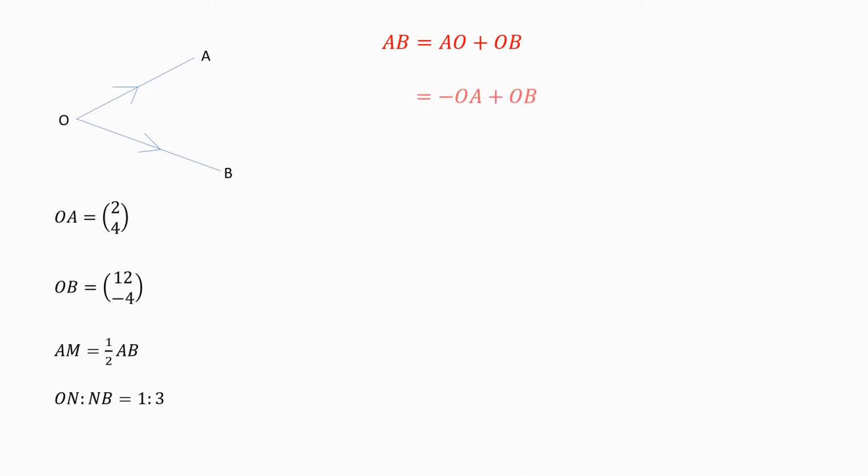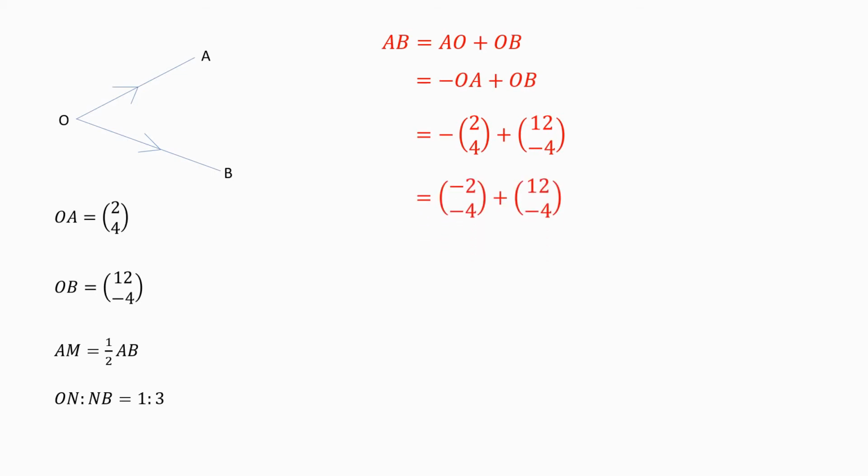Therefore, AB can also be said to be negative OA plus OB. Then negative OA is negative 2, negative 4 plus OB is 12, negative 4. We sum the two, we have negative 2 plus 12 and negative 4 plus negative 4. So AB is 10, negative 8.